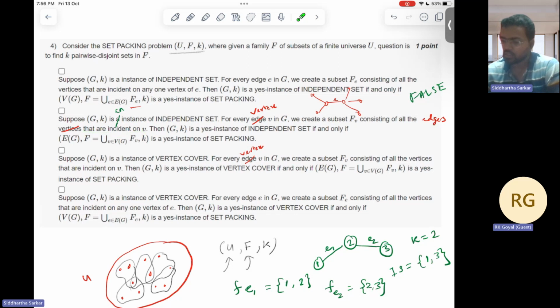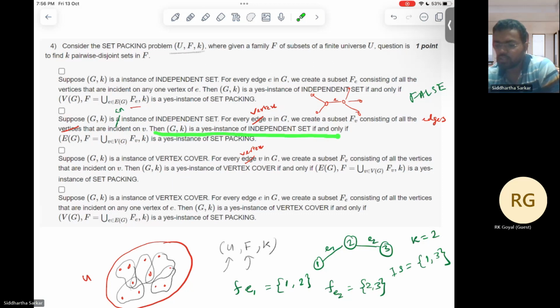So for every vertex, you consider all the edges that are incident to that vertex. That is one family. So for every vertex, you have one subset. Now the claim is if there is a k-sized independent set in the graph, then there are k disjoint subsets in the family.